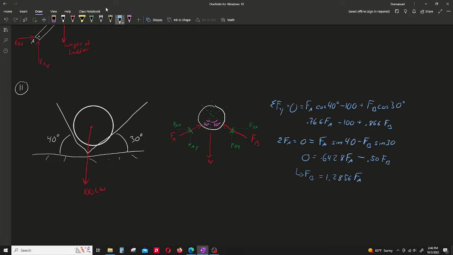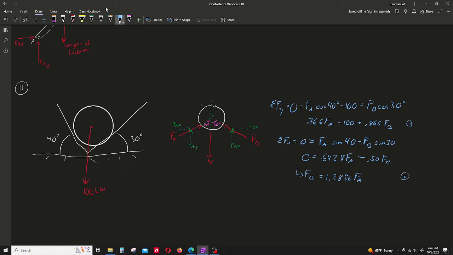So from there, we now have an equation with FA and FB in it. Call that 1. We also have another equation with FA and FB in it. Call that 2.